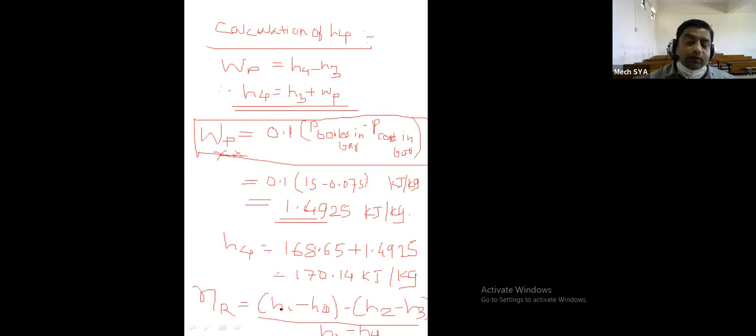So you put all these values, H1, H2, H3, H4, all the values we know, and you calculate the efficiency. It will be in decimal, and we want to calculate in percentage, so multiply by 100. I request everybody to do the calculation. Put those values in your equation and calculate. If anybody has a problem, please ask. I am ready to repeat.